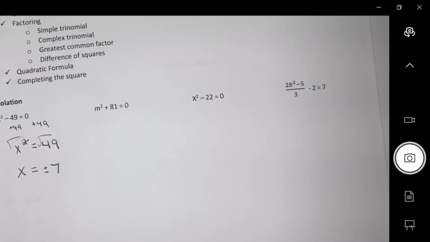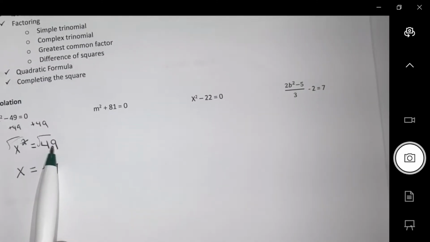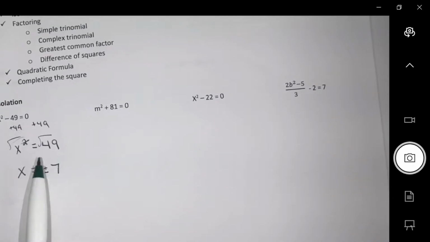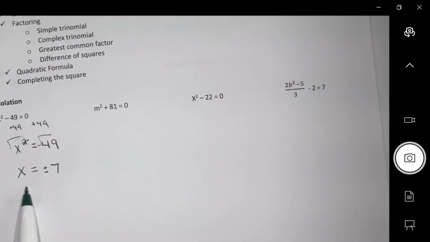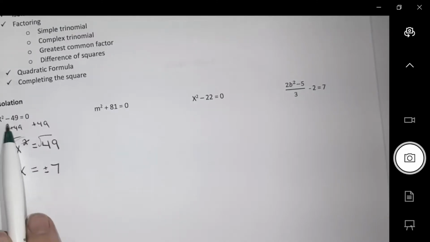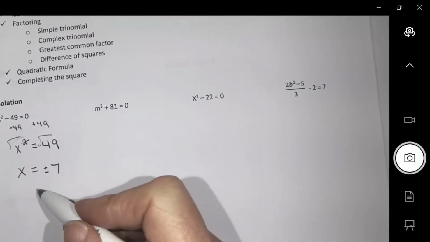On this type, yeah. Because think about it. What squared makes 49? Does 7 squared make 49? And negative 7. Does negative 7 squared also make 49? Yeah, there's two answers.